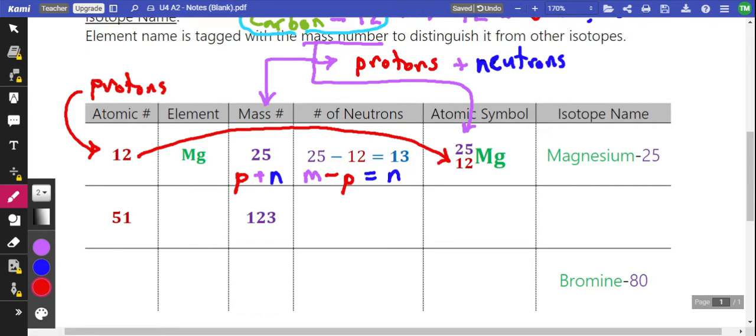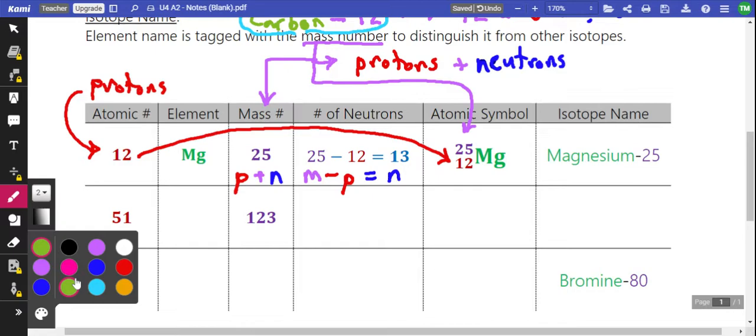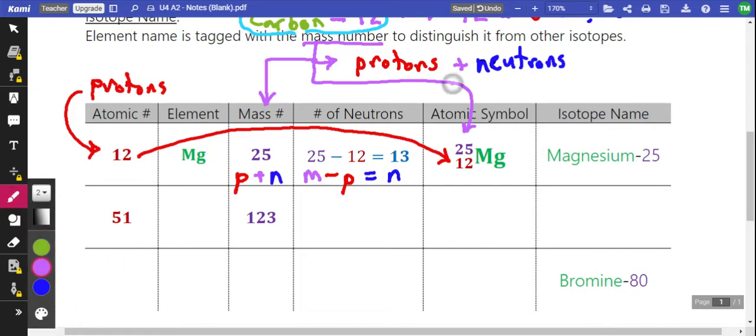And the symbol for magnesium is Mg. Then if I wanted to write it out as a name, I would write magnesium with a dash, and then my mass number is 25. So my mass number, which shows which version of the element, which isotope I'm dealing with, is in both the atomic symbol and the isotope name. And it has to be, because otherwise we can't figure out how many neutrons are in there.